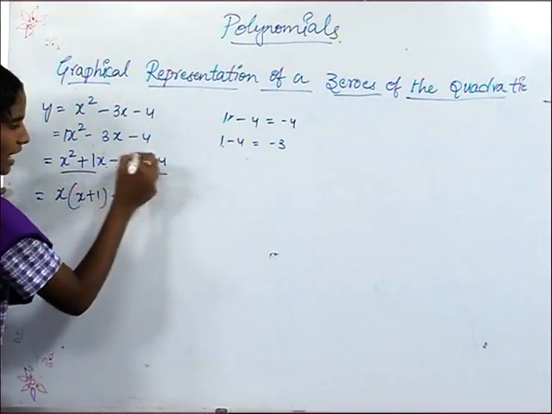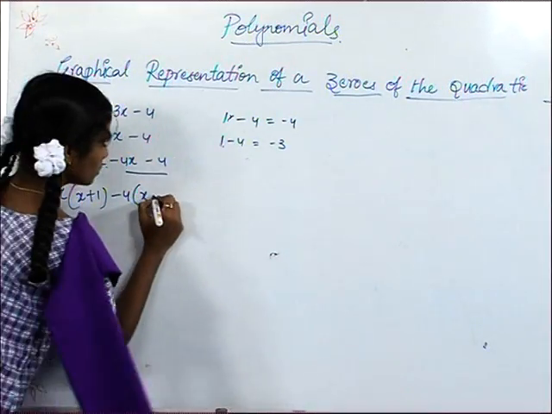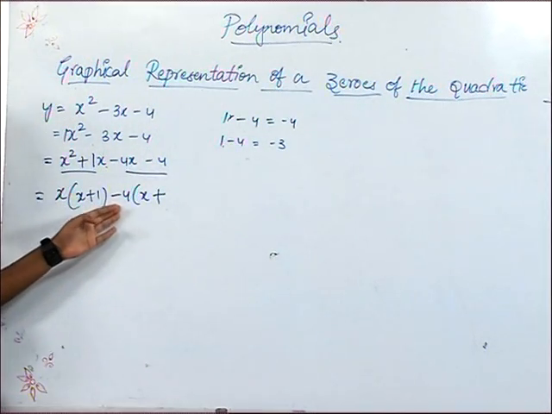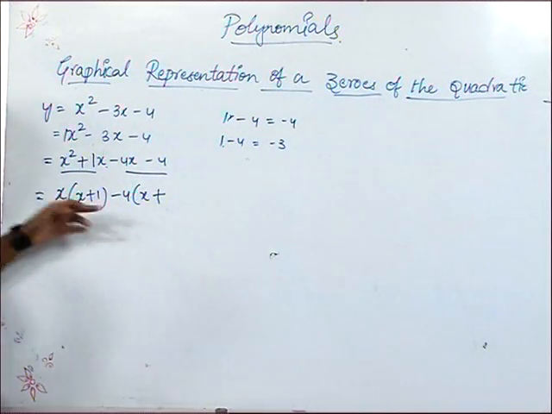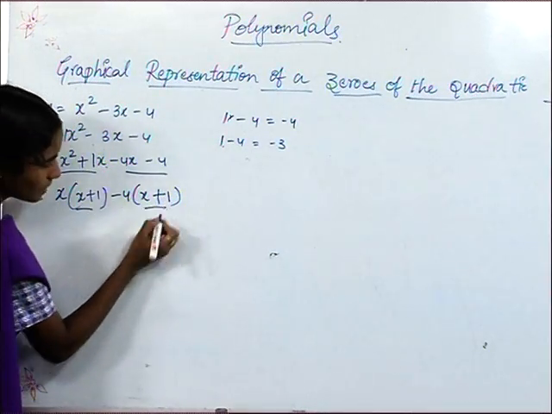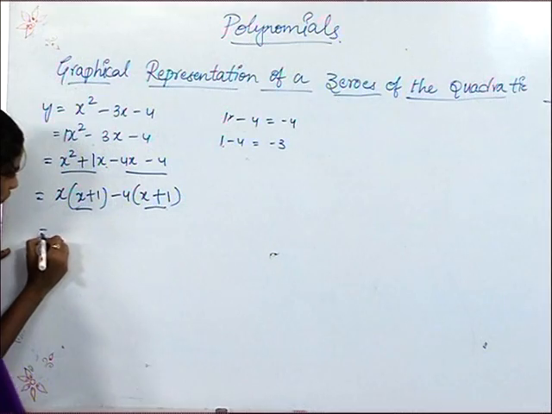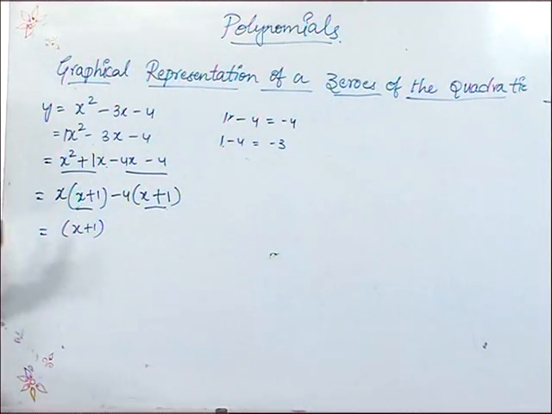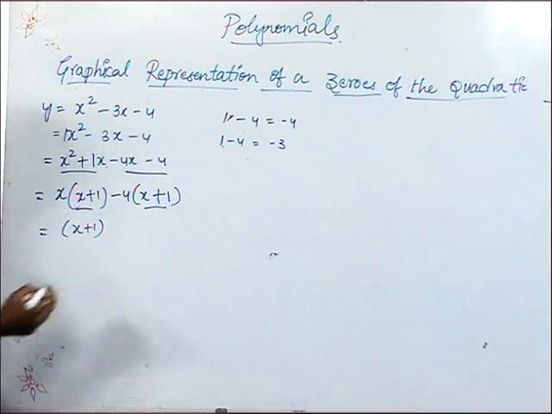To get a minus value here, I take a plus value here. Already we got minus 4 as common. So 4 goes once, so x plus 1. x plus 1 is common. So we are taking 1 into x plus 1. Now the remaining is x minus 4.